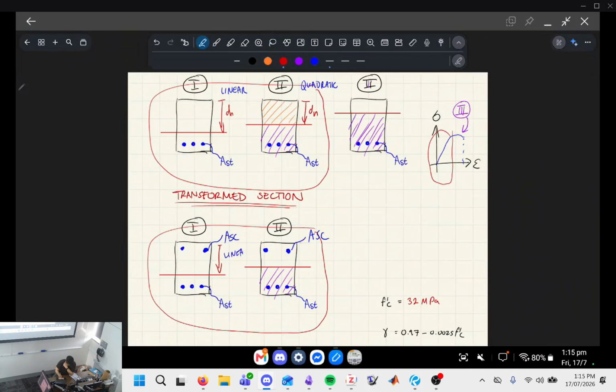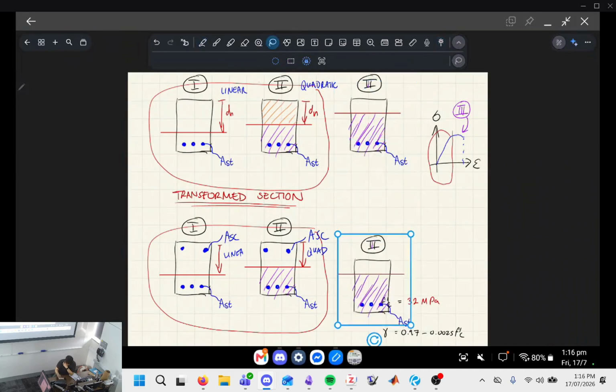And the second method is still quadratic. So whether you've got a singly reinforced case, like at the top, or a doubly reinforced case, for stage 1 and 2, you're going to be dealing with linear or quadratic methods for solving for dn. When I'm talking about quadratic, I mean you need to use the quadratic formula in order to solve for dn.